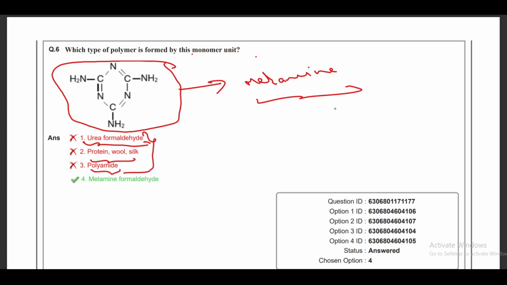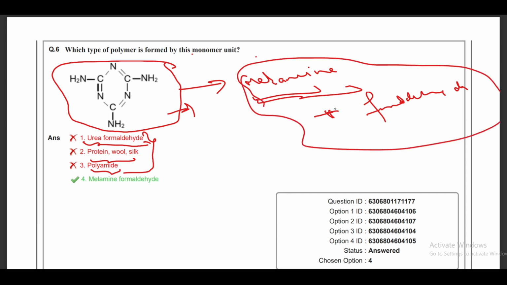From this monomer unit, which is melamine, when it combines with formaldehyde, you will get a melamine formaldehyde resin. This happens only with the combination of both these, and this is the structure of melamine. So the fourth option is your correct answer in this question.